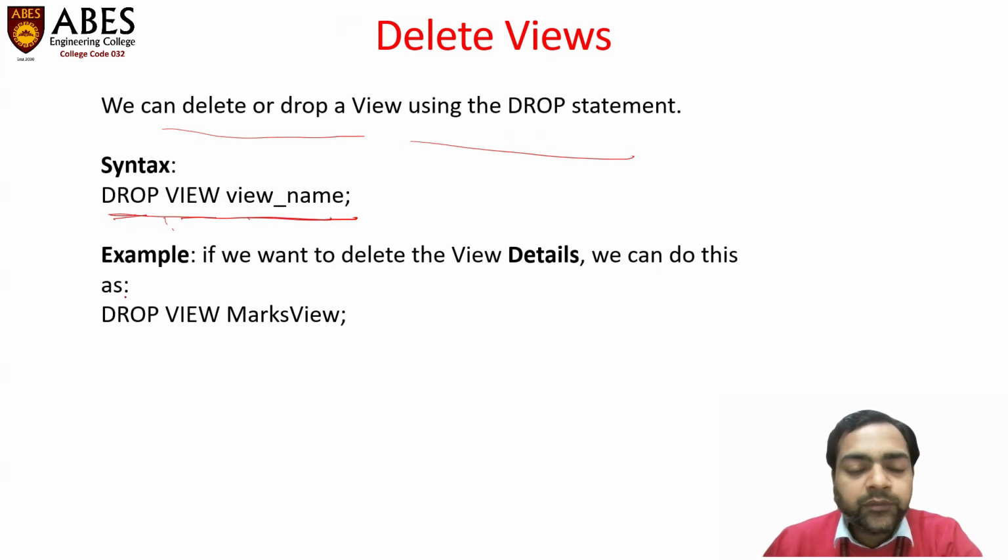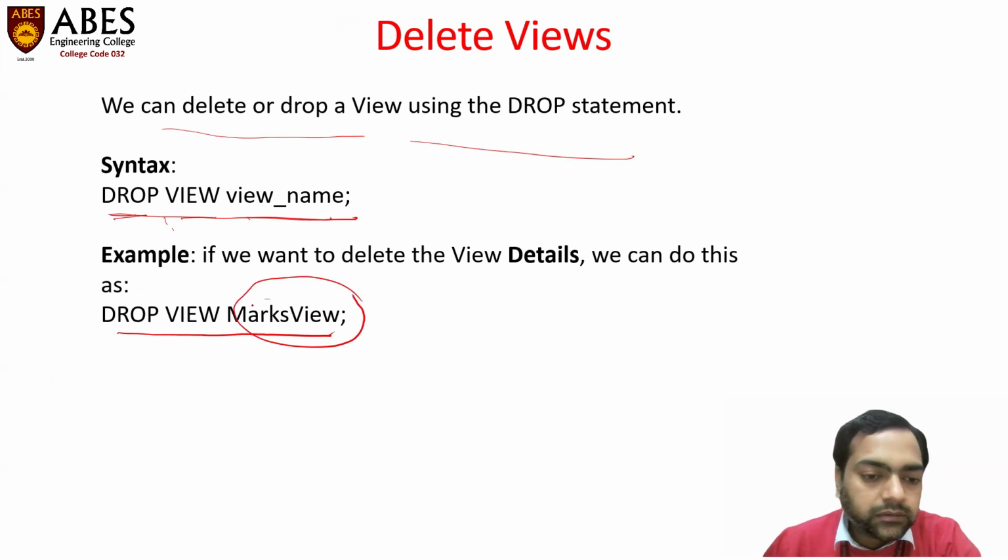In the previous case we created a details view. Now if we want to delete the view details, we write drop view details, providing the view name. In this fashion we will drop our view from the database.